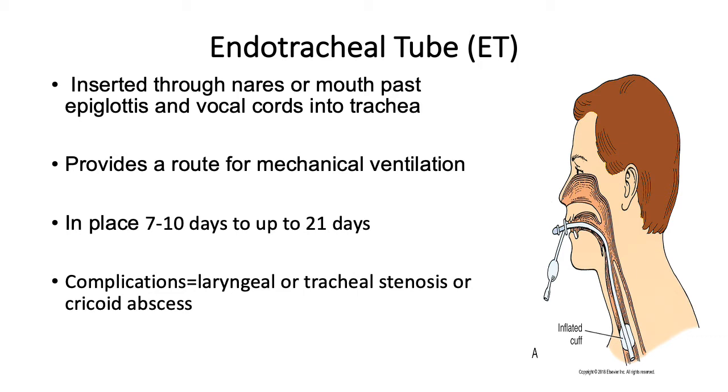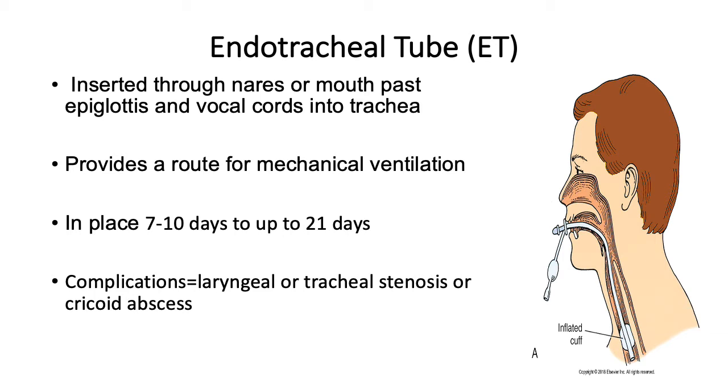In the image that's posted there, you can see that this particular tube has an inflated cuff. This cuff serves to seal the airway around the tube and prevent aspiration of any oral secretions or gastric contents into the patient's lungs.